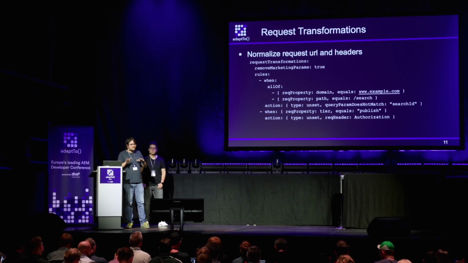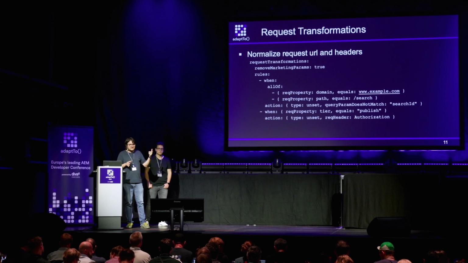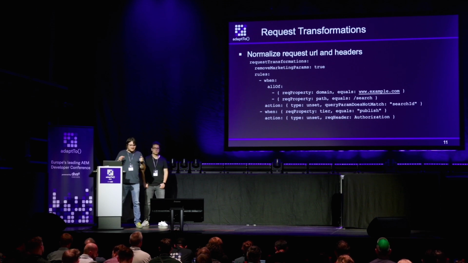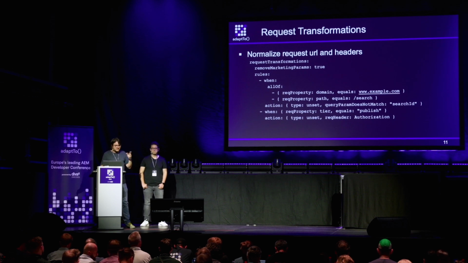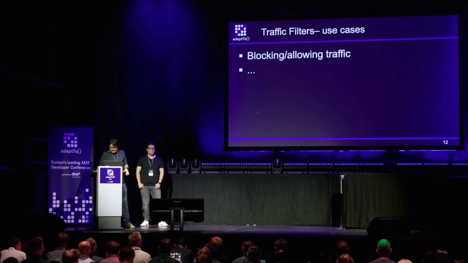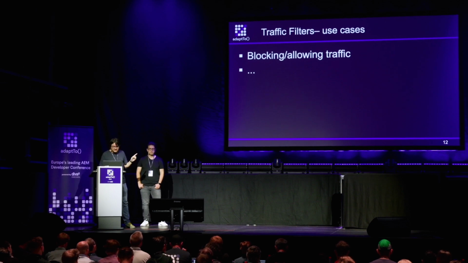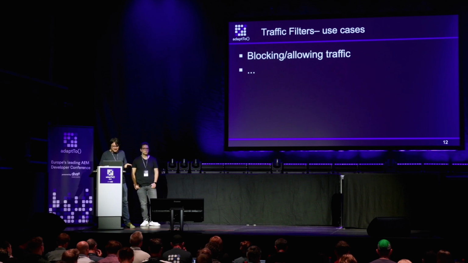If you don't remove all of your parameters, at least set this to true, so that all the marketing parameters from social media or things like that do not bypass the cache. Next, in the request flow, as I showed, are the traffic filters, but I will not insist on this. Because Quentin will talk about this, these are for blocking and allowing traffic.